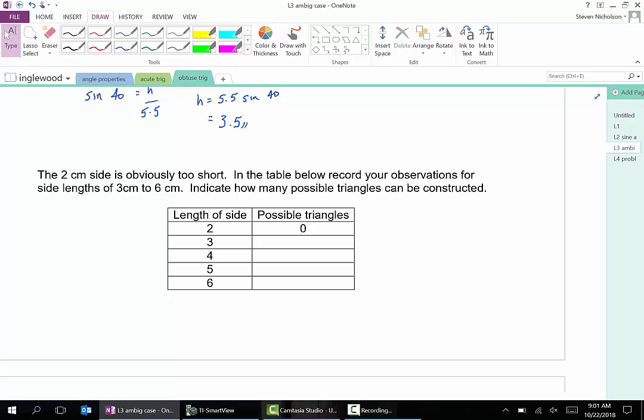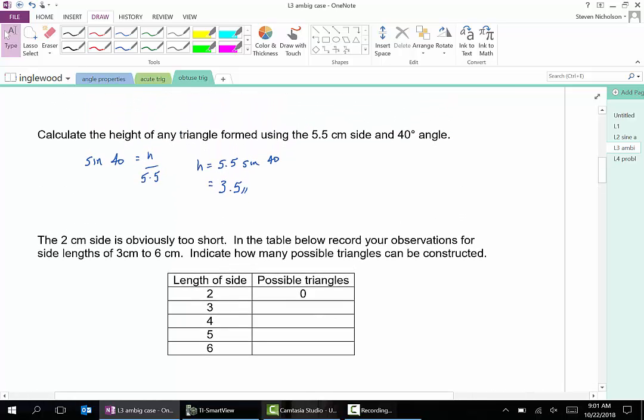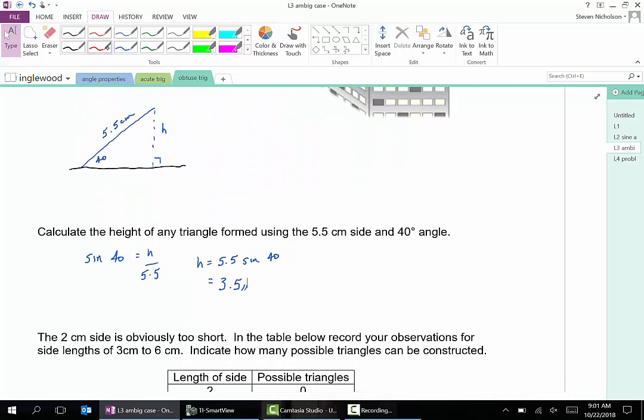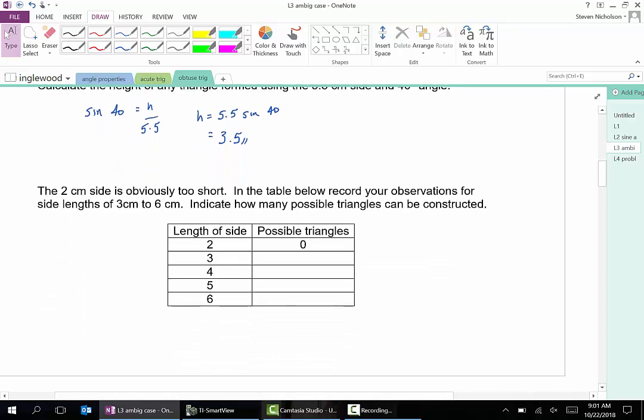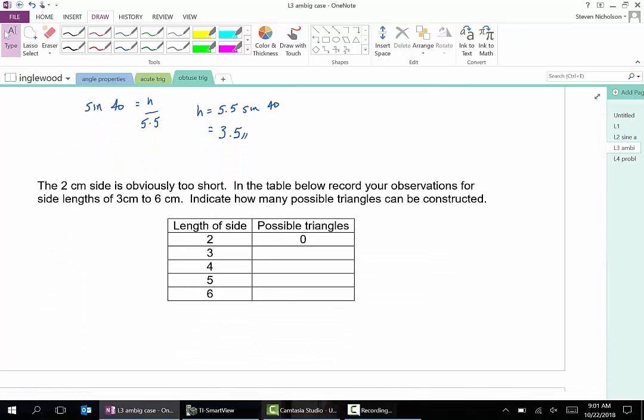So if the supporting brace, the supporting bracket, is 2 centimeters long, then we can't make a triangle. Pictorially, it would kind of look like that. That's obviously not making a triangle. If the side was 3 centimeters long, 3 is still shorter than 3.5, so we won't be able to make a triangle.